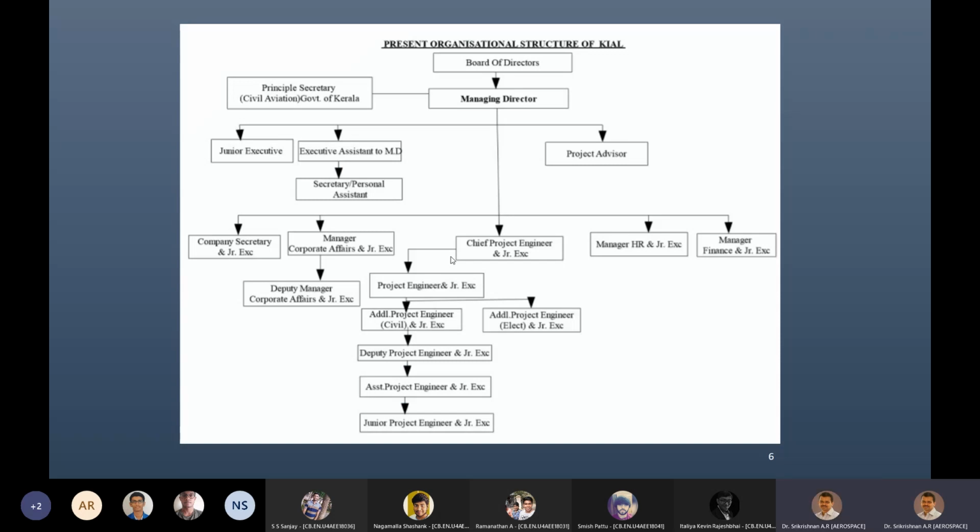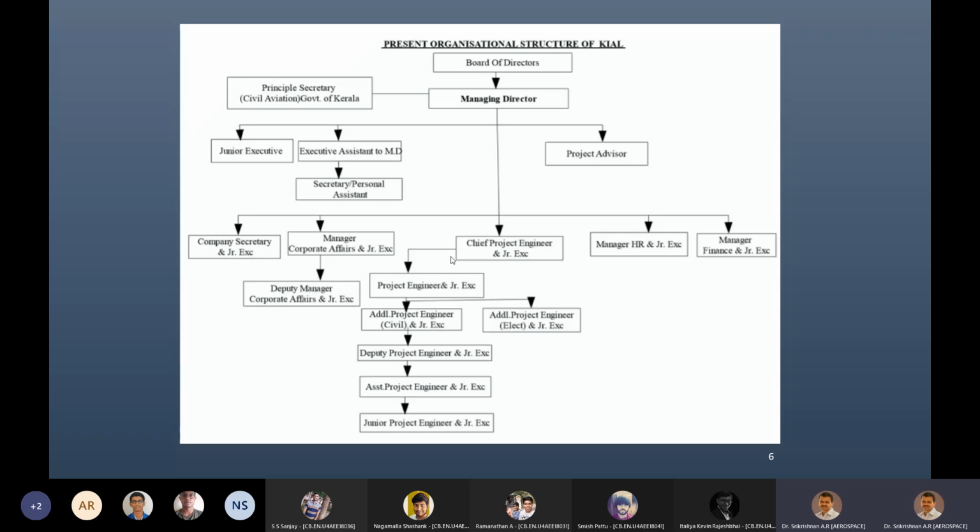This is from an airport. I just put this as an example, from an airport site itself, showing their current organizational structure. I should say current because this can evolve over a period of time.